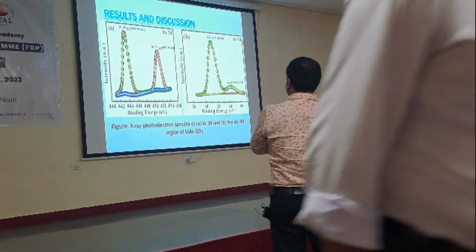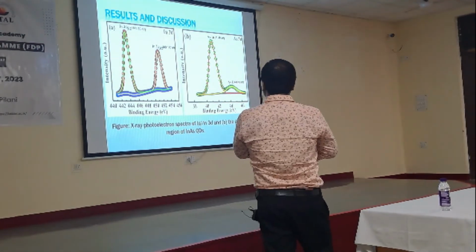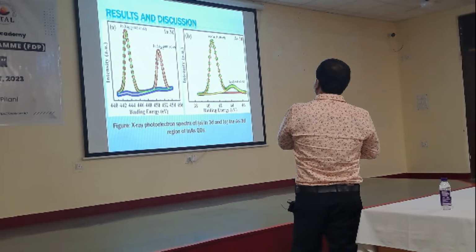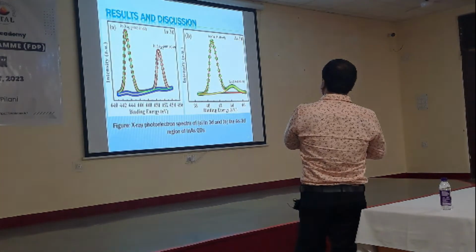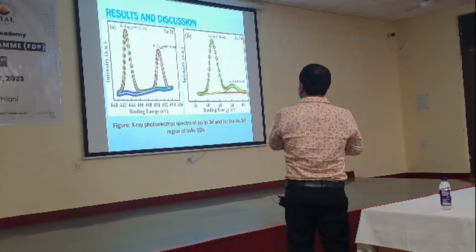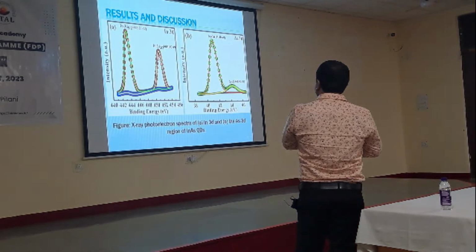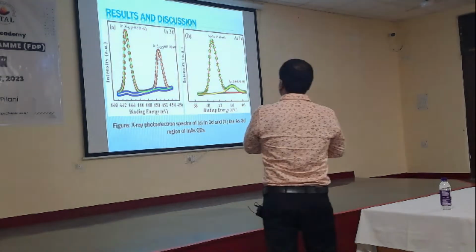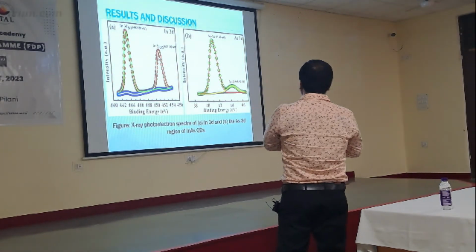Next. Now, in order to confirm the formation of indium arsenide in both the cases, this is the chemical analysis. In order to ensure whether indium arsenide is formed or another material is formed, you have to look at this X-ray photoelectron spectroscopy spectra.